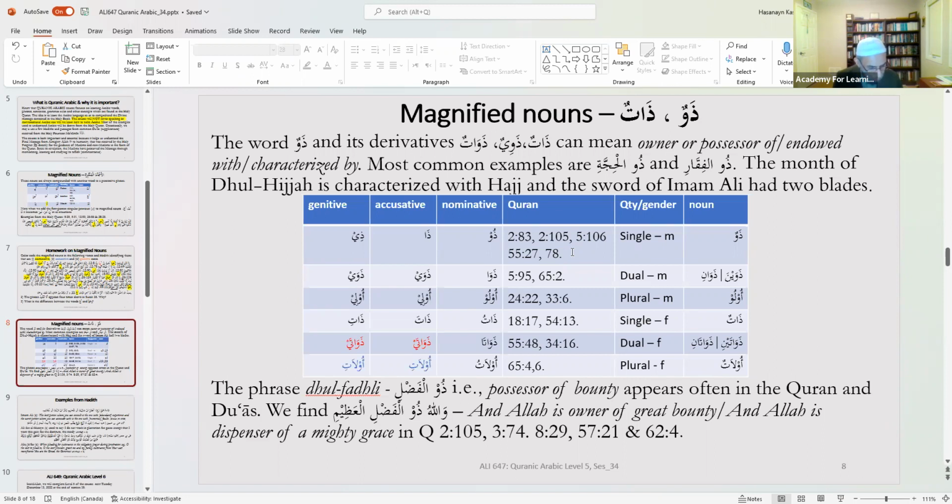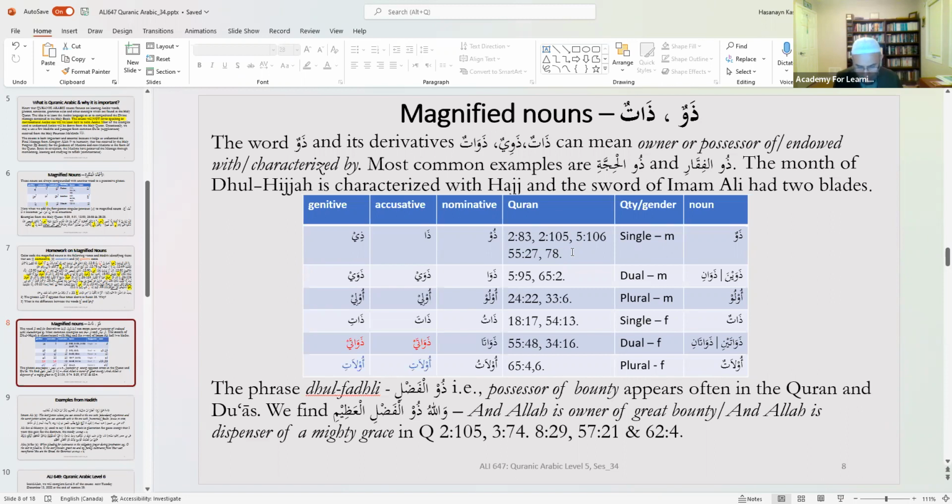Wajhu Rabbika, the face of your Lord, right? Here, because the face was the subject, the adjective also follows the subject, Dhul Jalal Ikram. Here you can see Dhul Jalal Ikram.